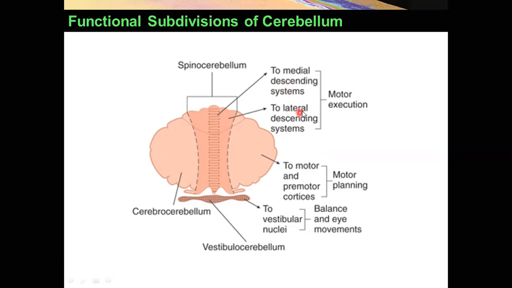Both medial and lateral descending systems control or initiate motor execution. And this is the cerebrocerebellum, that is the neocerebellum, which projects to motor and premotor cortices of the cerebrum for motor planning.